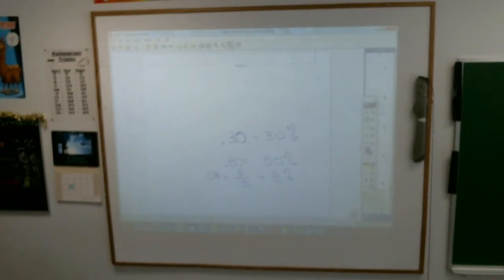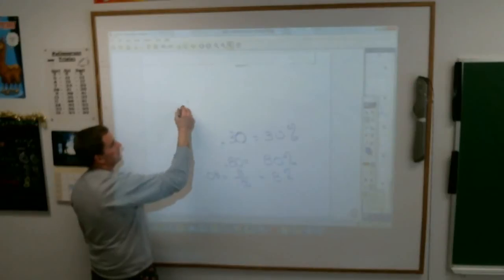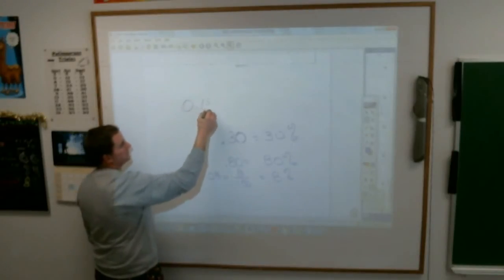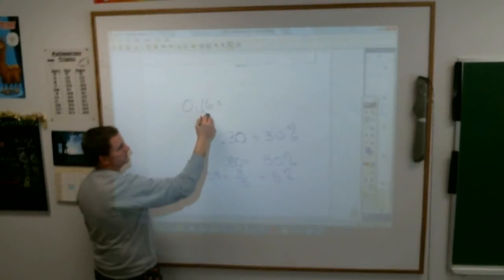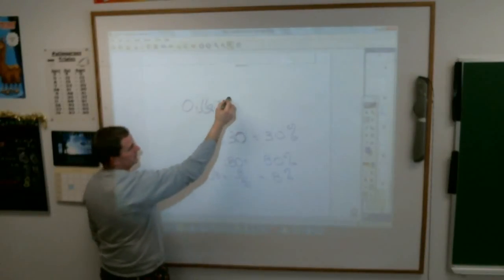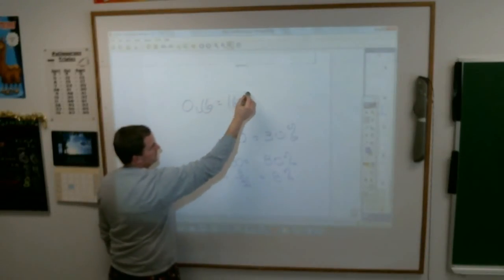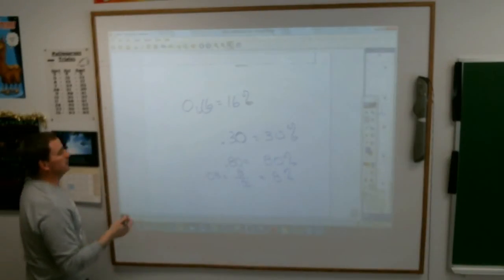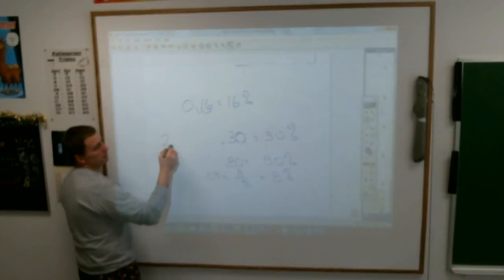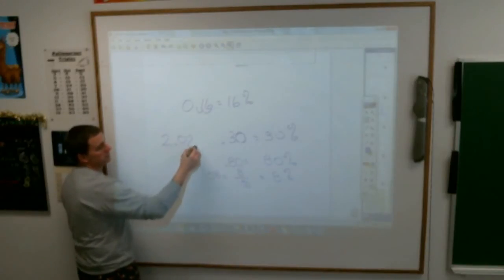The real simple rule in changing decimals to percents is to do what? So you got 0.16. The simple rule is you just think about moving the decimal 2 places to the right. 0.16 is just 16% because it's 16 hundredths. How about this? Try 2.02.